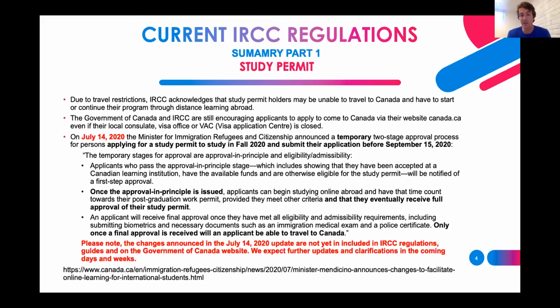But it is conditioned that that person must then go on to receive a study permit. So you must also pass the second stage approval and actually travel to Canada, land in Canada, and later receive your study permit. So it is conditional on that point.